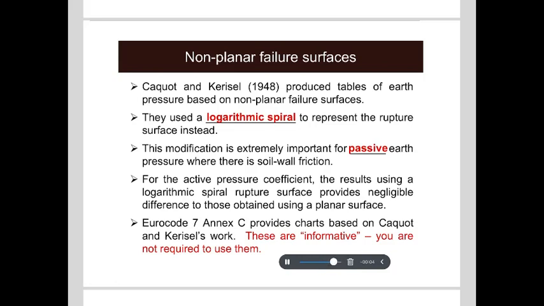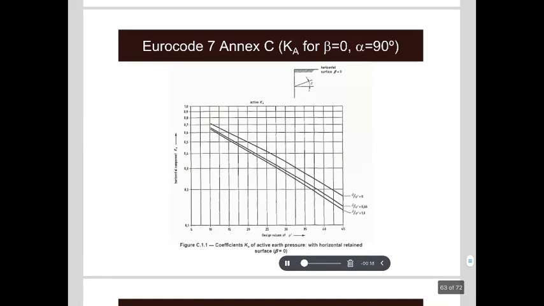Eurocode 7 and EC provide charts based on the Caquot and Kerisel work. Here are some charts based on the Caquot and Kerisel work. From these figures, we can obtain the Ka for the beta equal to 0 and alpha equal to 90 degrees case, which is for the vertical wall with a horizontal retained surface.